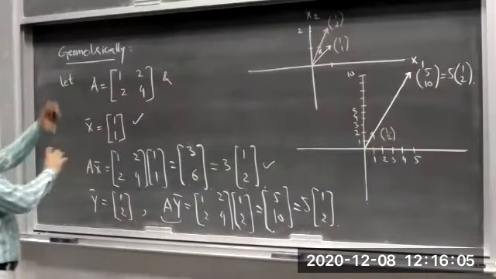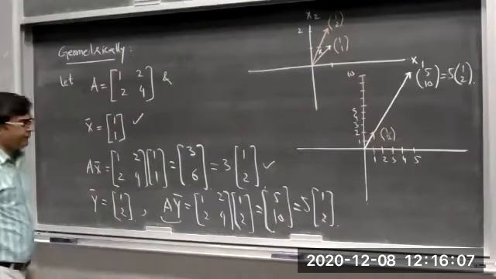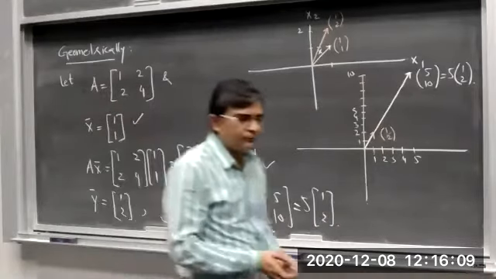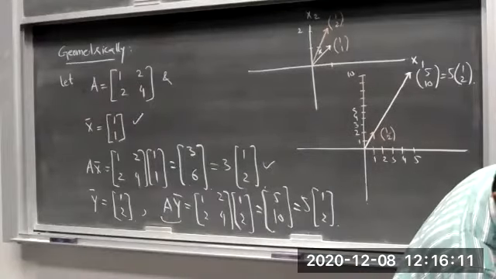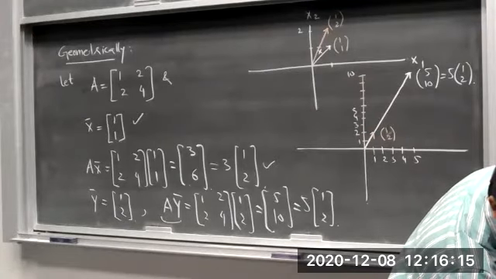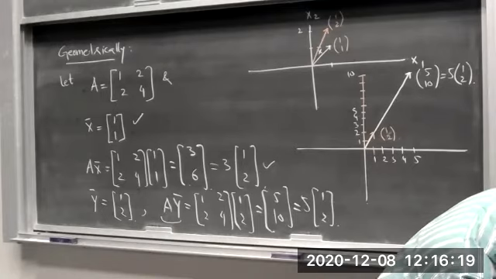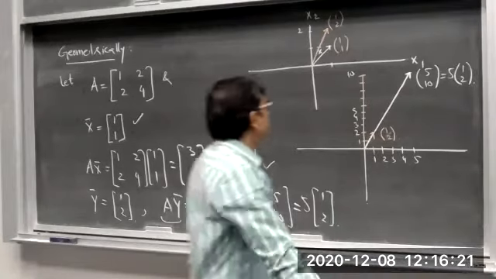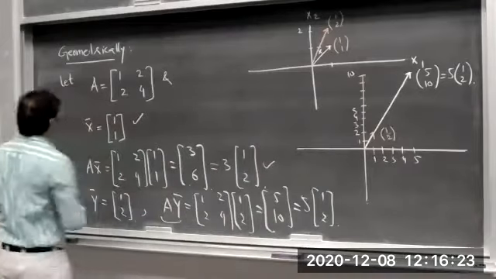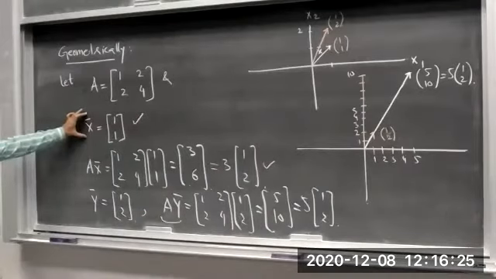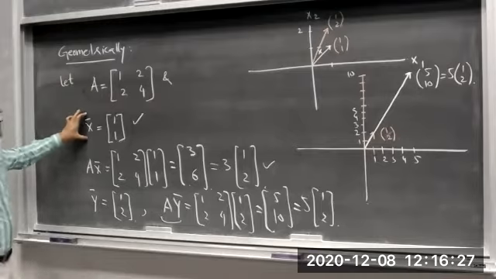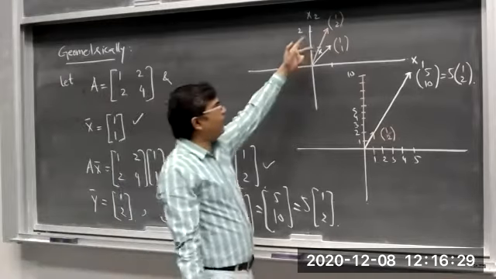Now, in these two examples, what do you observe? When we multiply A with x, we get a new vector.